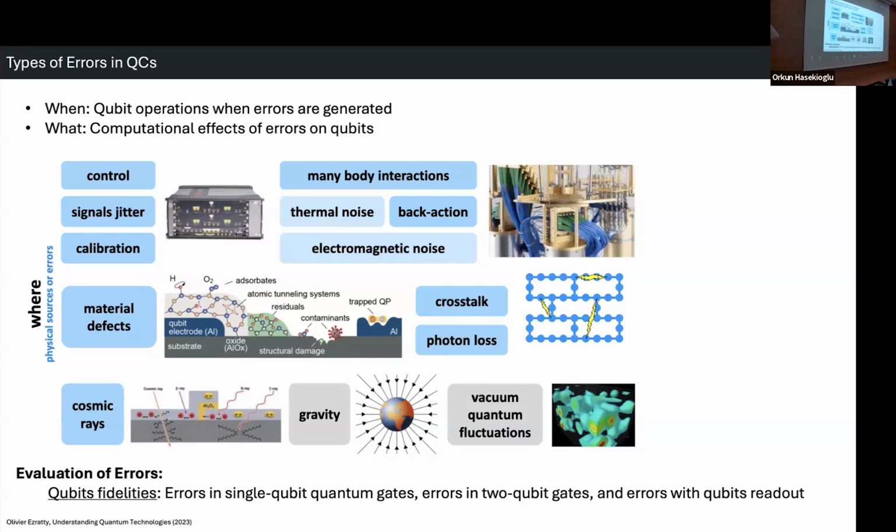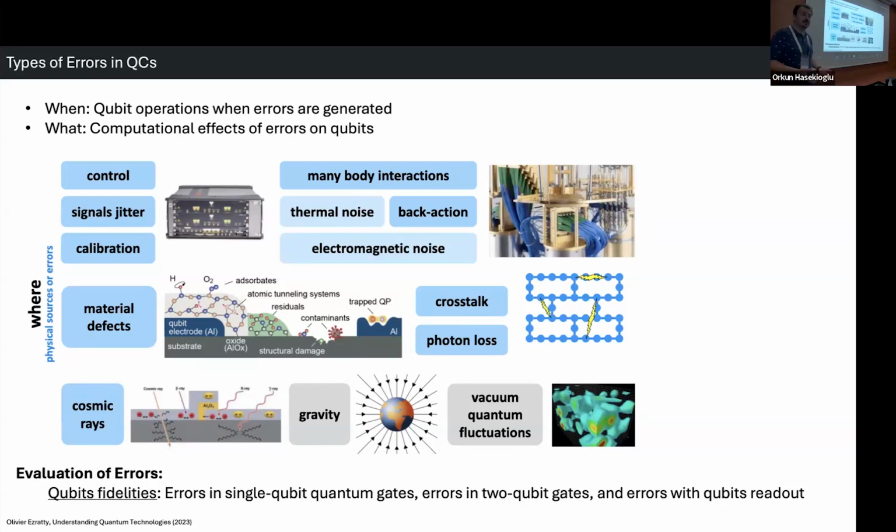And what do you have now? Again, of course, the cosmic background radiation, so you need shields, etc. Even gravity at this level affects everything. And lastly, but not least, the quantum vacuum fluctuations.